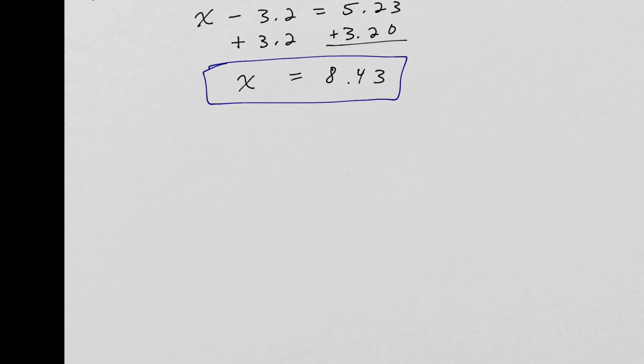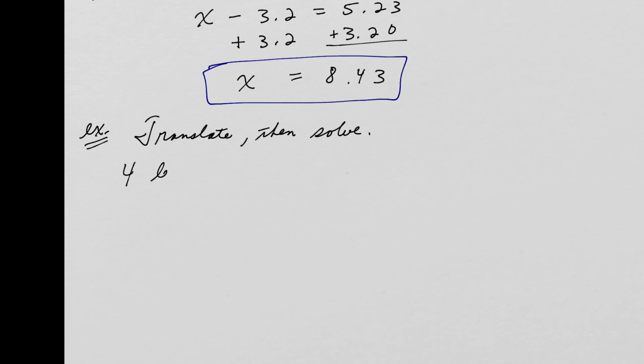Okay, here, let's do one where we have to translate to an equation first, and then we'll solve the equation. So I'll say translate, then solve. Say we're given 4 less than t equals 1.